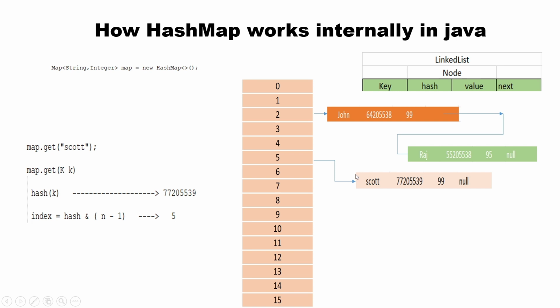So how are we going to fetch it? We are going to use the hash value which is generated and check it against the existing entry in the fifth index.